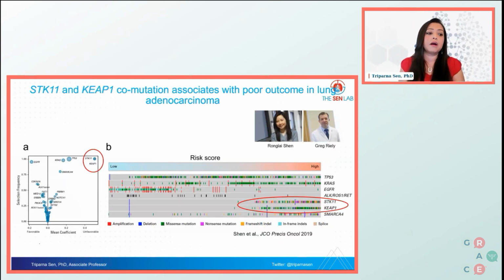This was a study that came out of Memorial Sloan Kettering Cancer Center, which looked at KRAS mutations and all the other co-mutations that predict poor outcome in this subtype of the disease. What they found was that in a KRAS mutant tumor, having a co-alteration in these two genes, STK11 and KEAP1, actually predicted the worst survival and the worst prognosis in these patients.